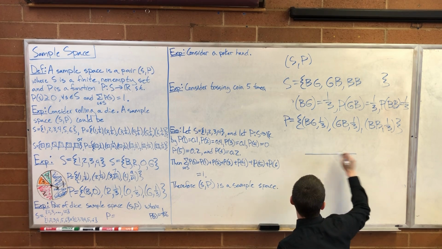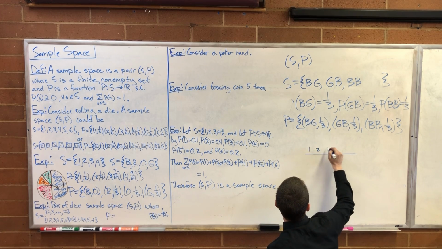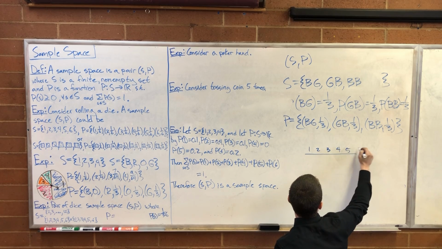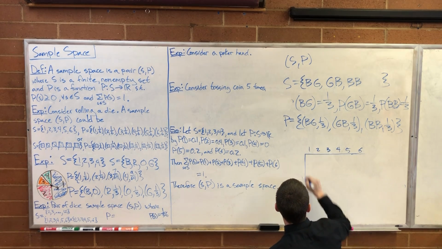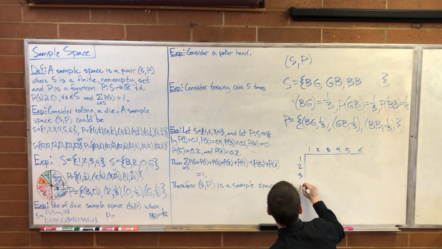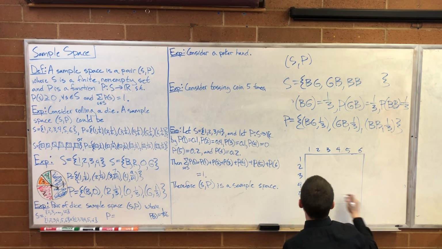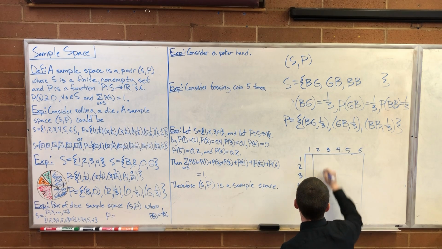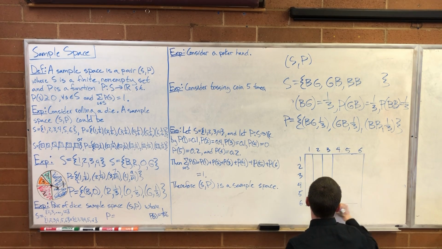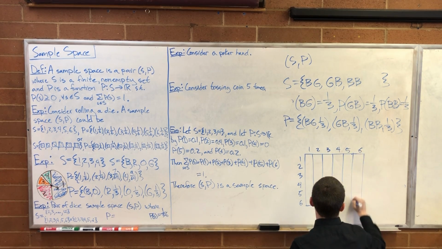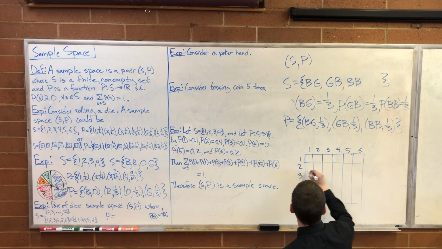If you look at the table, 1, 2, 3, 4, 5, 6, and 1, 2, 3, 4, 5, 6. Now we've got to make a grid for all our rules.